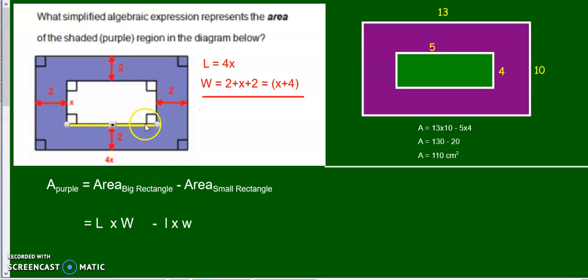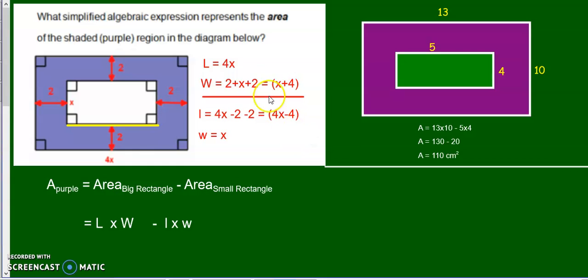So it's going to be 4x minus 2 minus 2. So the length of the small one is 4x minus 2 minus 2, that's 4x minus 4. Minus 2 minus 2 is minus 4. And the width is just x. We don't have to do anything for that.